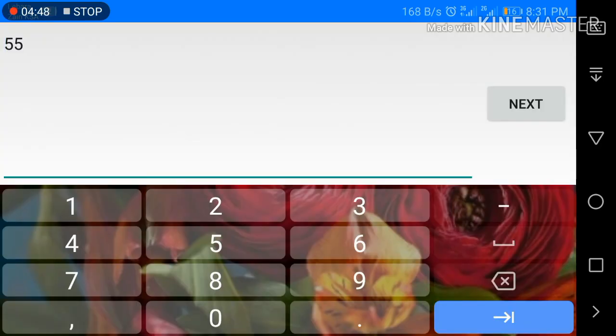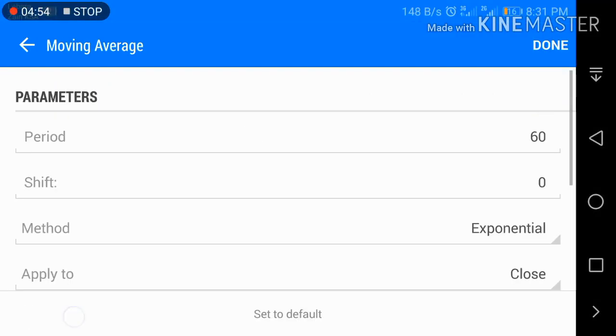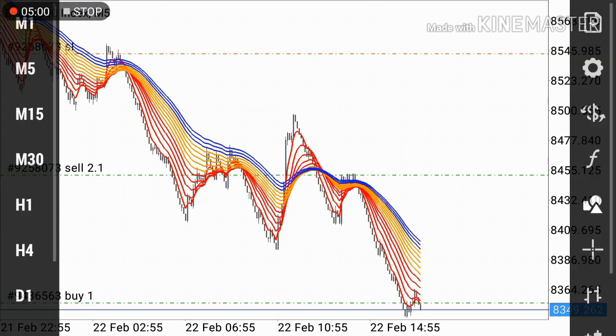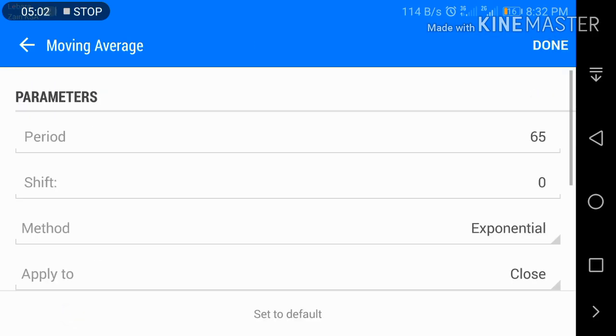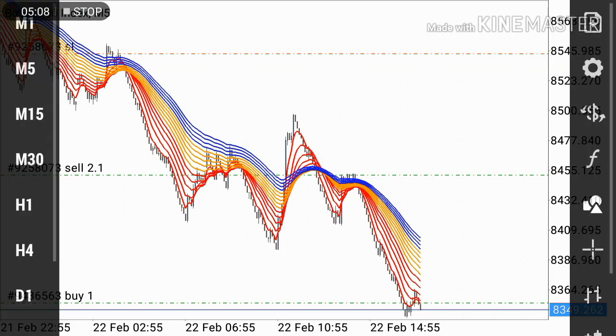Moving average 60, and done. Moving average 65, and done. Moving average 70, and done.